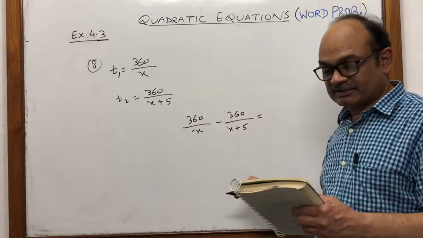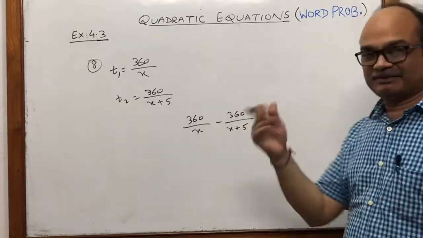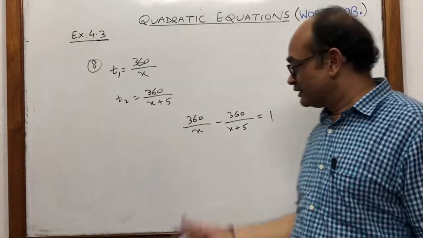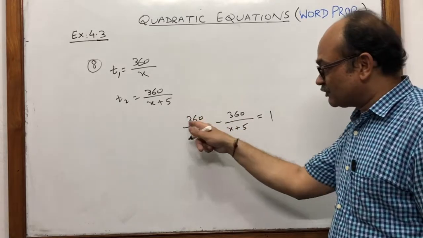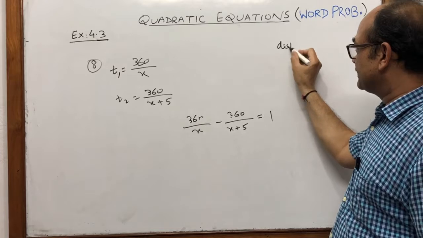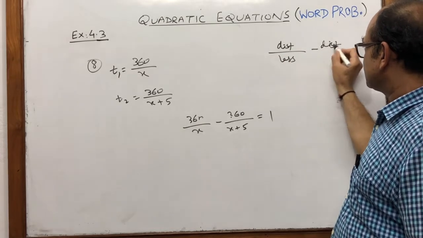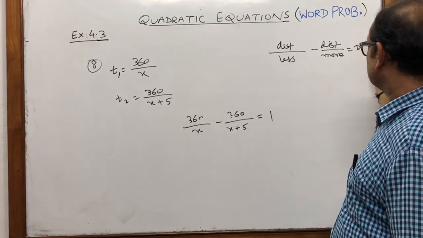Difference is given in the question as it would have taken 1 hour less. Simple. So in all such questions, what should you remember? This quantity is less, this quantity is more, and this one always is speed. So distance upon less speed, distance upon more speed equals difference in hours.